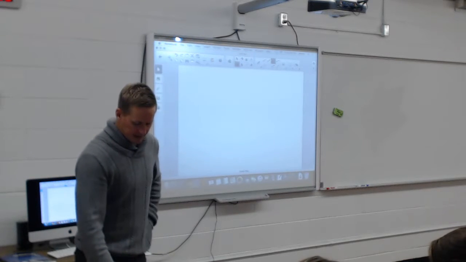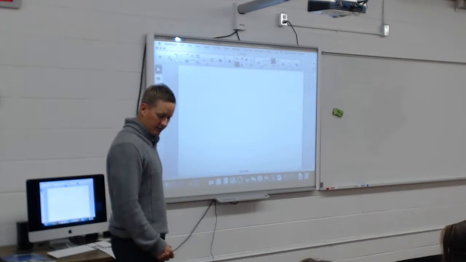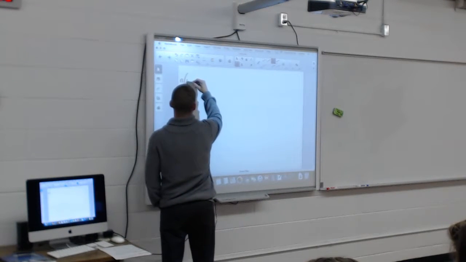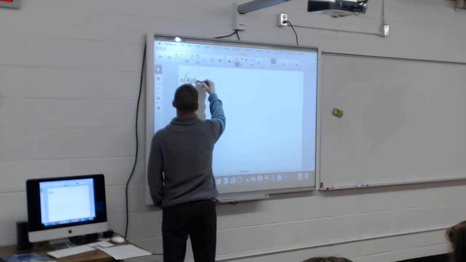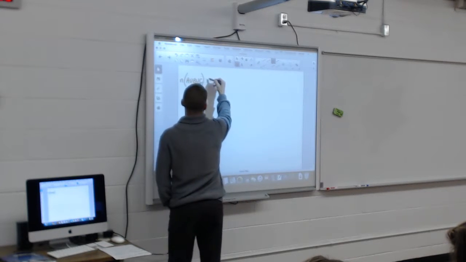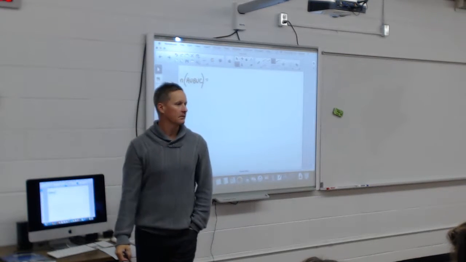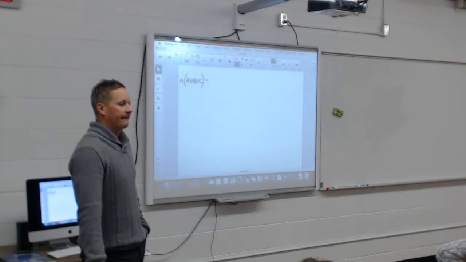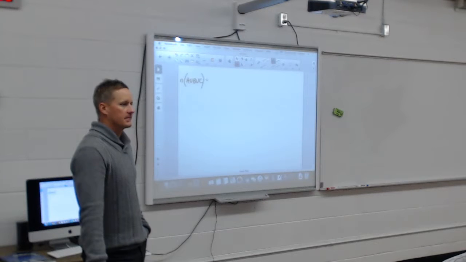So this equation here, you're going to want to put on your equation sheet. So I've got N, A union B union C. So what does that represent? What does that one represent?